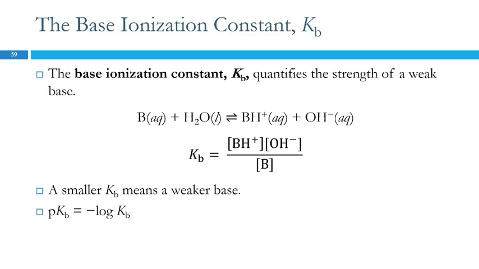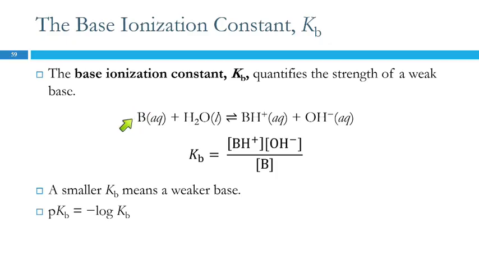So weak bases only dissociate partially, like the weak acids, and so there's an equilibrium constant. So Kb is called the base ionization constant, and it quantifies the strength of a weak base. So here's our base reacting with water. Then Kb is going to be the products divided by the reactants.